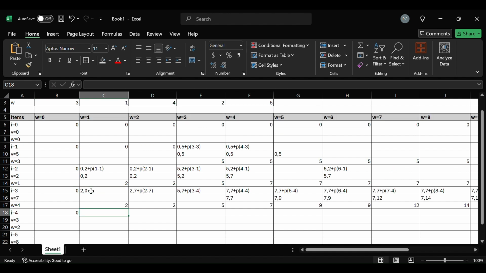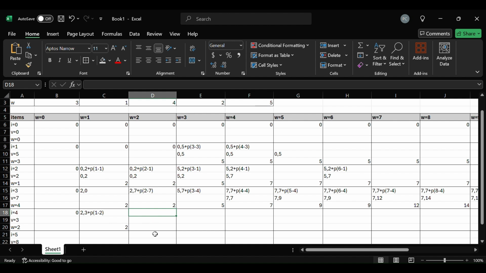Here we will decide between did not pick up is 2 versus pick up will be the value of this item 3 plus P of the remainder, the profit of the remainder, which is 1 minus 2, right? Since that is invalid, we will stick to did not pick up, so 2.